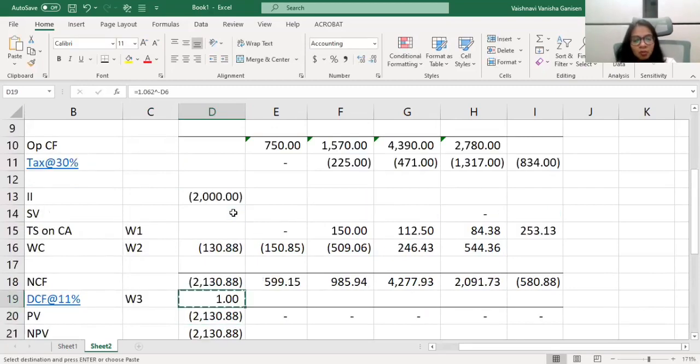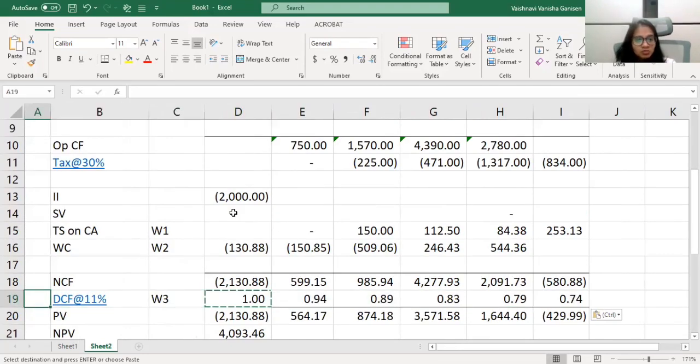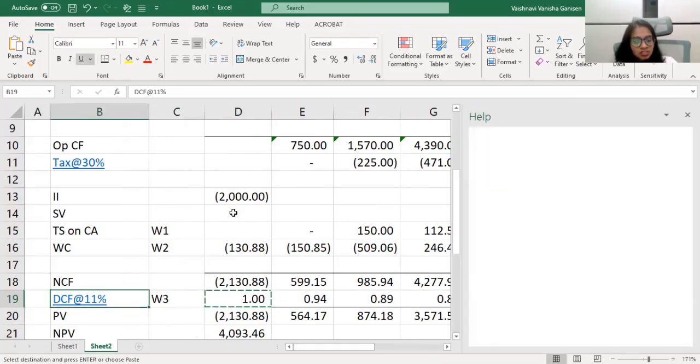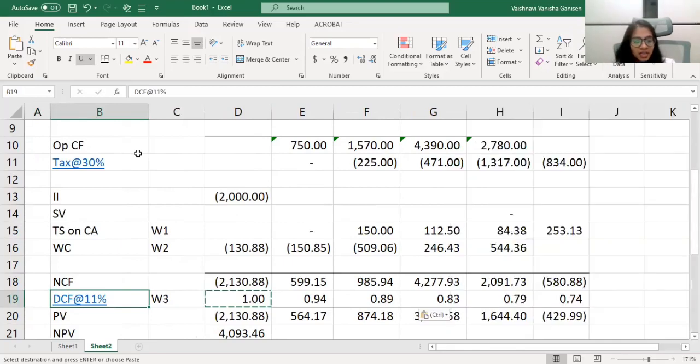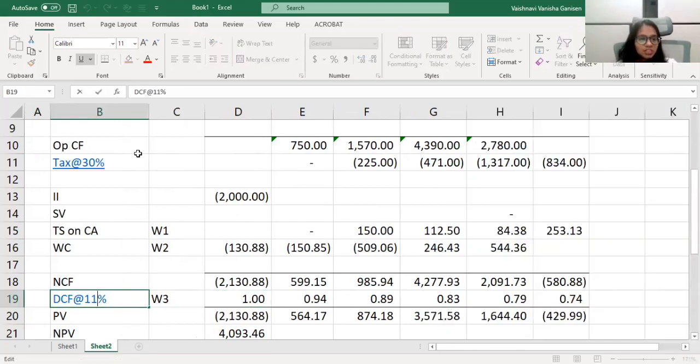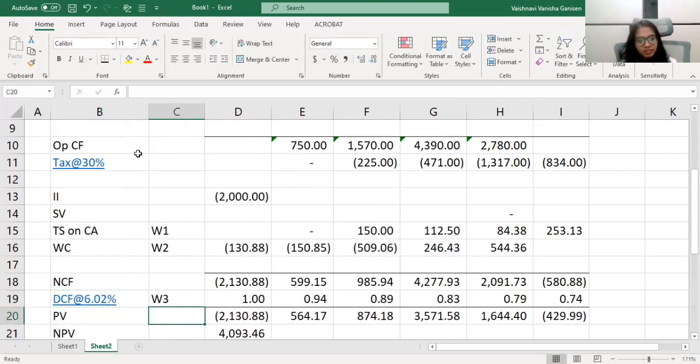Then you copy and you paste it. Guys, I just want you to remember, please change this, because here it is still shown as 11%. Change it to 6.02%. Do not forget to do that.